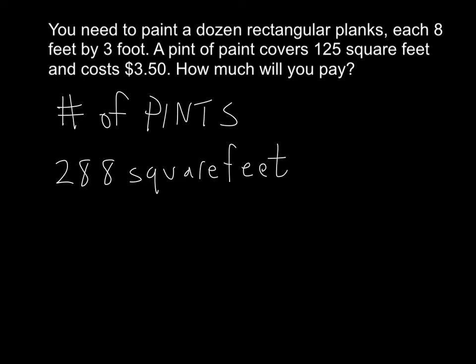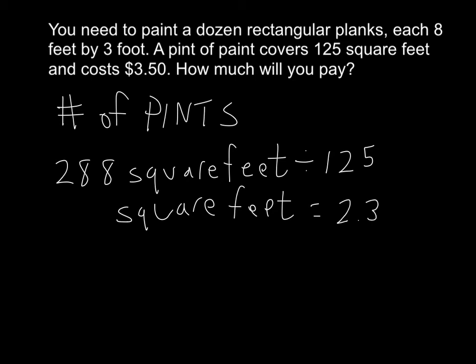So we're going to divide that by the 125. And it's calculator time. When I used my calculator, what I got was 2.304, and that's the number of pints.